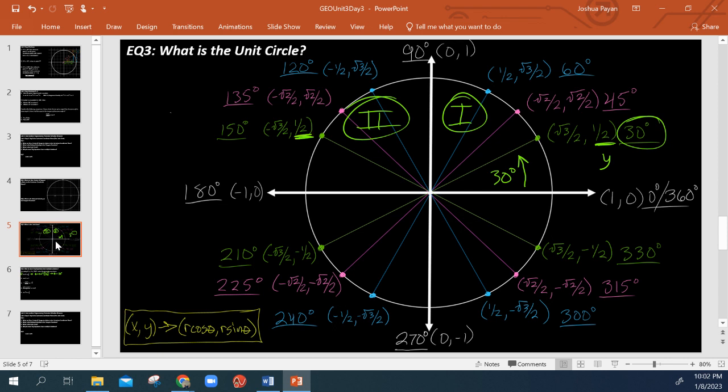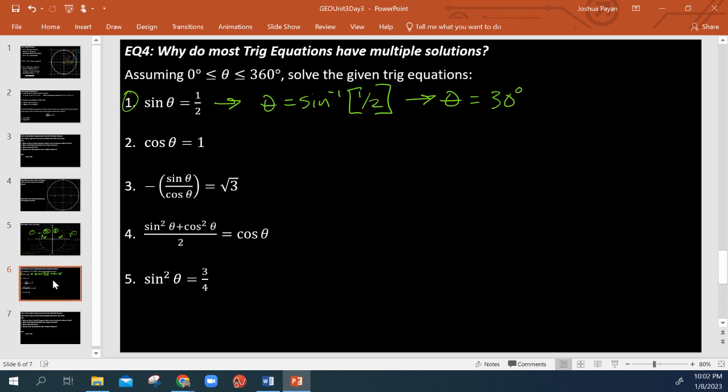And here we see another sine value of 1/2, which means our other solution, which is obvious given the fact that the reference angle of it is also 30 degrees, is 150 degrees. Okay, so that would be my second solution, right? Because we're being told we're going all the way around the unit circle, one revolution from 0 to 360 degrees.